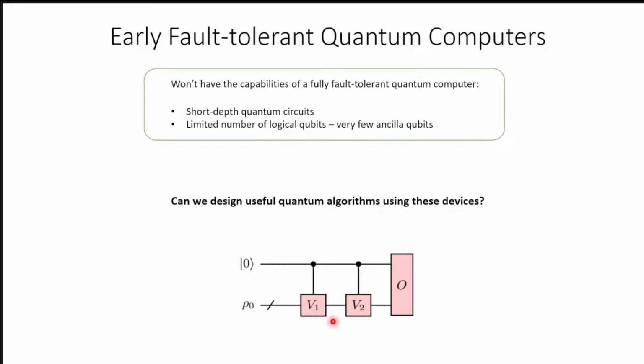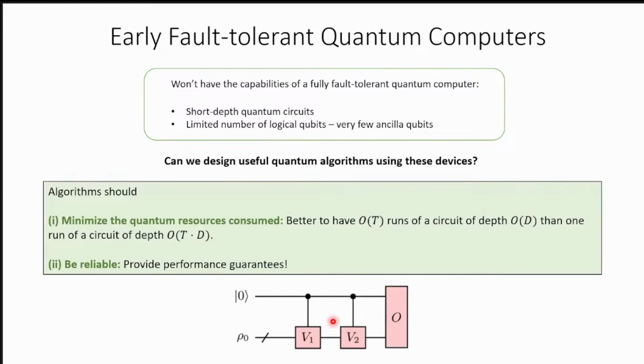Okay. So what should these algorithms have? What features should one keep in mind while designing quantum algorithms for these devices? Well, there are two broad properties. First of all, because we are in this early fault-tolerant regime, our goal would be to actually minimize the quantum resources that the algorithm consumes, right? So what does this mean? So you would look to run quantum circuits that have short depths, so that you can limit the total coherence time, right?